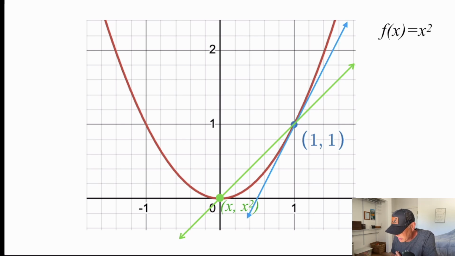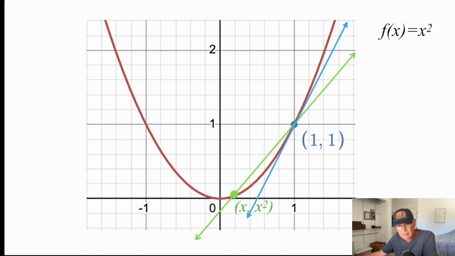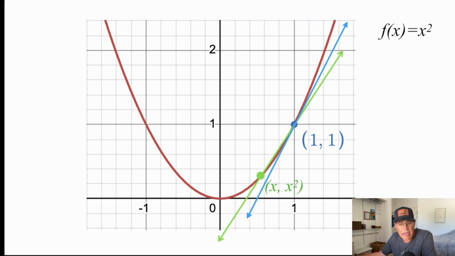But remember, this point right here can be anywhere on the parabola. What if it's closer to the point 1, 1? Let's take a look at what happens if I move this variable point closer to the point 1, 1. You can see that as that point gets closer and closer to the point 1, 1, the slope of my secant line gets very, very close to the slope of my tangent line.